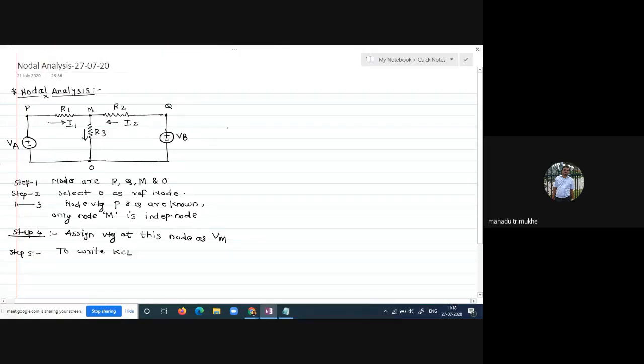I2, and here the current flowing through R3 is nothing but your I. This is a current flowing through a circuit, and we have to assume its direction arbitrarily.